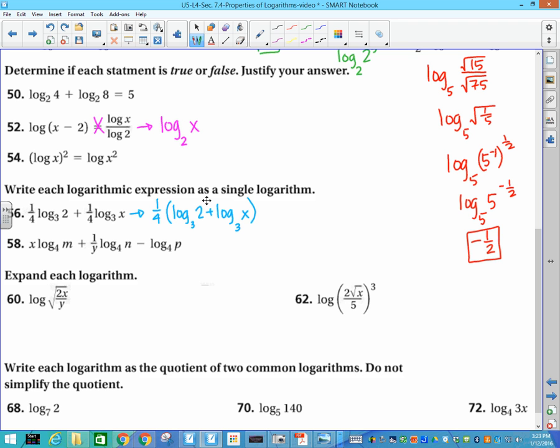If I'm adding, I bring it together with multiplication. So that's 1/4 times the log base 3 of 2x. Now, this is what I'm taking the log of, so when I take this back to make it my exponent, that whole thing is raised to the 1/4. And when you raise it to the 1/4 power, that's like saying the fourth root. So it would look like this.